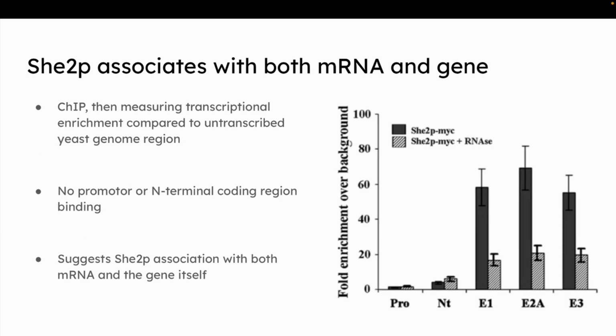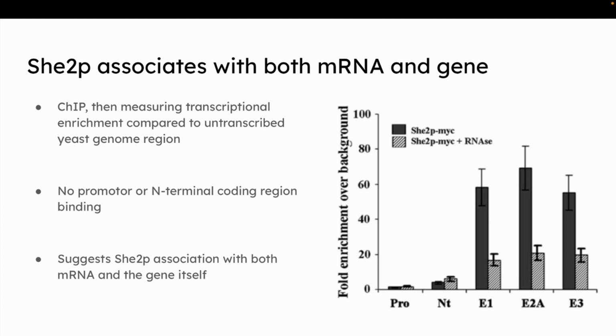All right, now we have a series of experiments, and low-key, this is the most tricky part that was kind of confusing during lecture. So first, they found that SHE2 associates with both the mRNA and the gene itself. So it's not just mRNA; it can also associate with the chromatin itself.